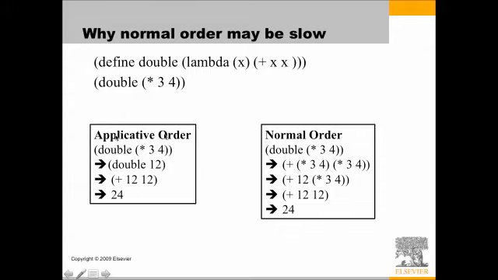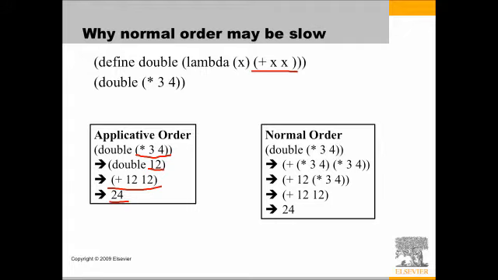So with applicative order, I start out and I immediately evaluate this expression times 3, 4. And so double gets called with the evaluated value, which is 12. And so when we get down to evaluating plus x x, it's plus 12, 12, and that gives us 24. That's pretty much what you would expect.